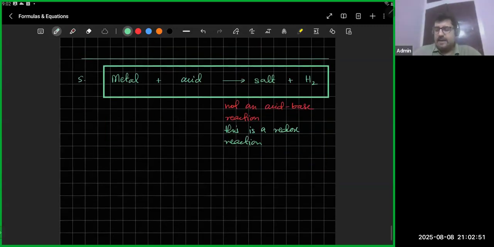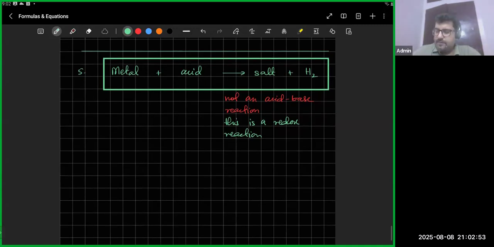We also haven't done the reactivities yet. So what I'm going to do is briefly talk about the reactivities, which is that when it comes to metals, not all metals are reactive. Some metals are very reactive. They react explosively, while others are not reactive.